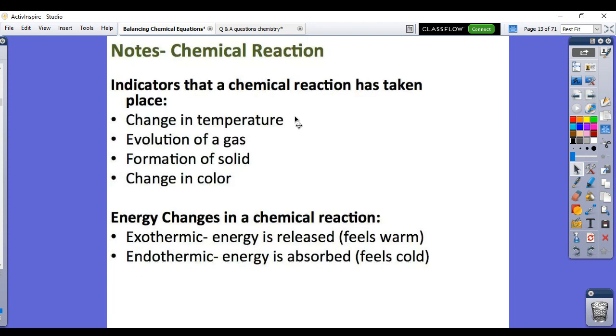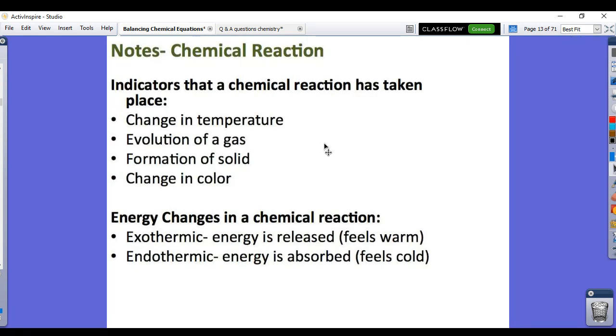So here are some indicators that a chemical reaction has taken place. You had a change in temperature, or you had an evolution of a gas, which means you saw some fizzing and bubbling, a formation of a solid, which is a precipitate, or a change in color.